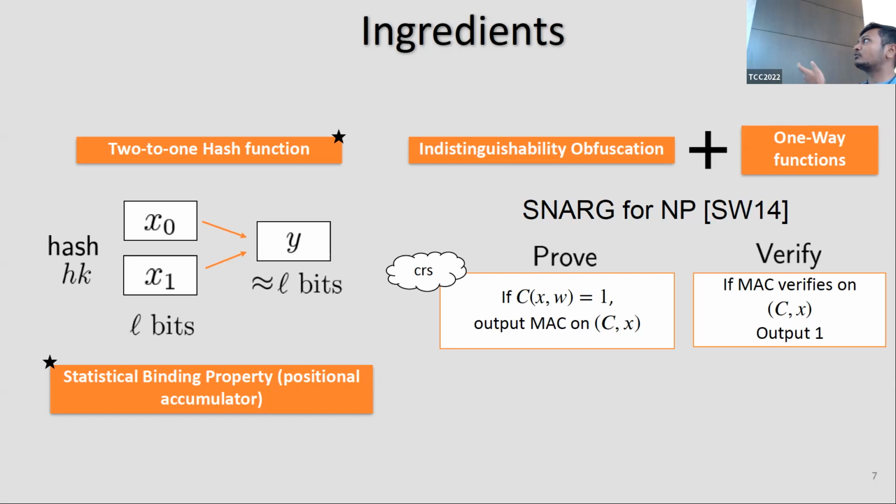The verify program simply takes the MAC, the circuit and the statement, checks if the MAC verifies, and outputs 1 if it verifies. Of course, you don't want to publish these programs in the clear in the CRS, so I'm going to obfuscate these programs and publish that.